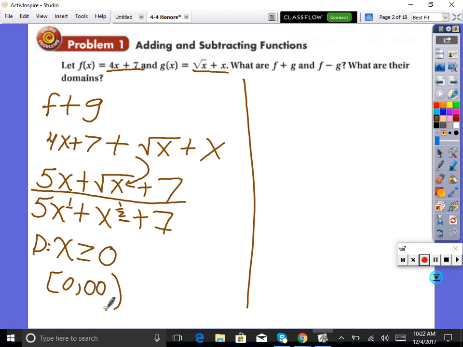We can't plug in anything that is below 0 in this one, because then we'll have an i. Okay, ready, go. Do f minus g.